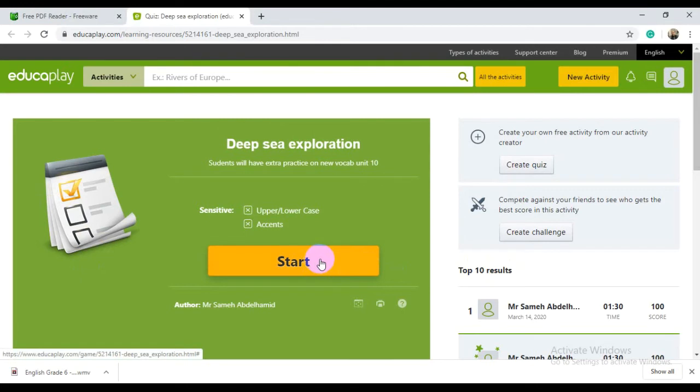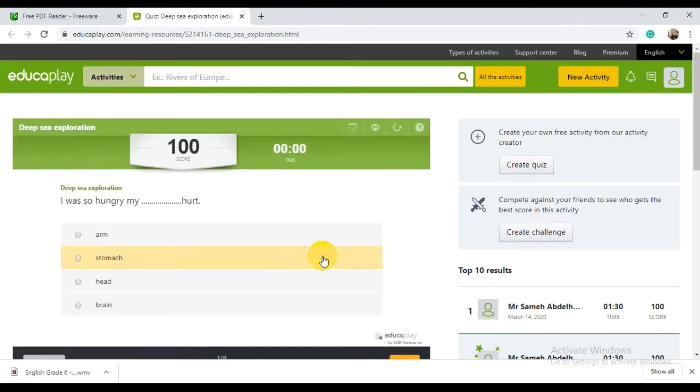Now we're going to have some questions on our new vocabulary. Question number 1. I was so hungry, my arm, stomach, head, brain.